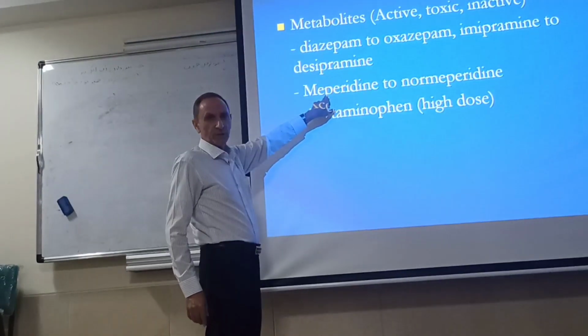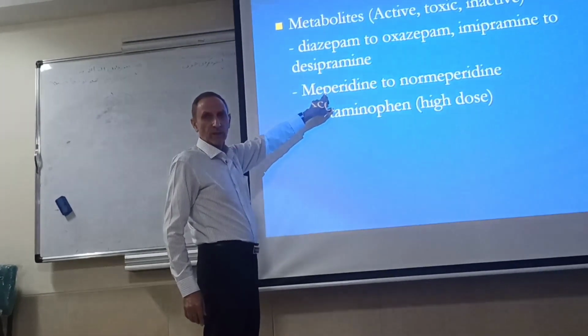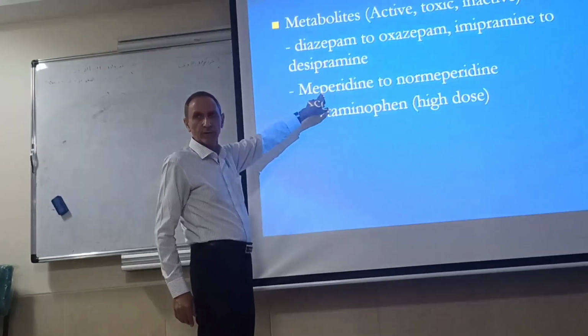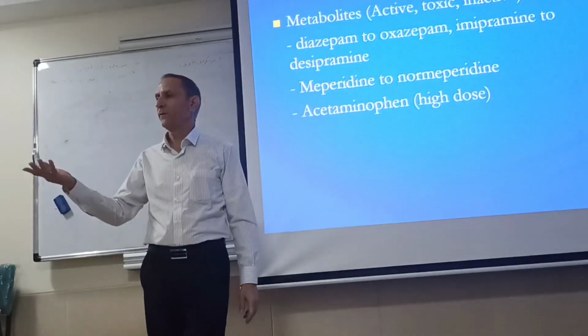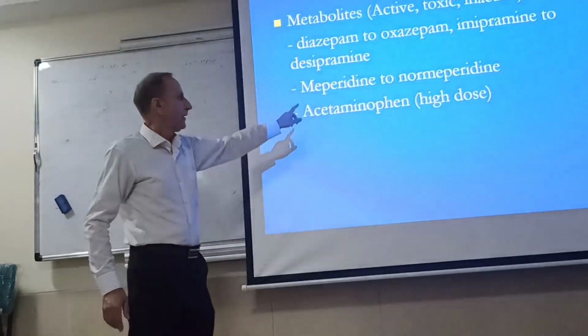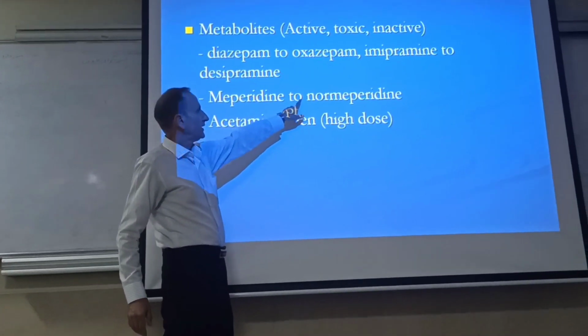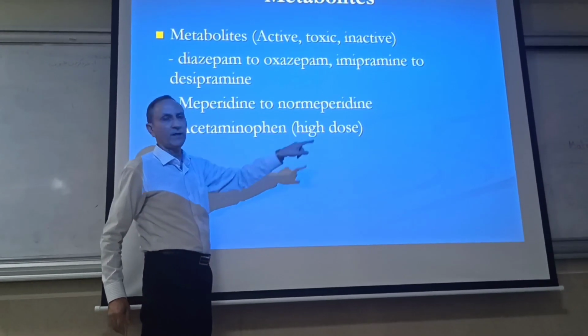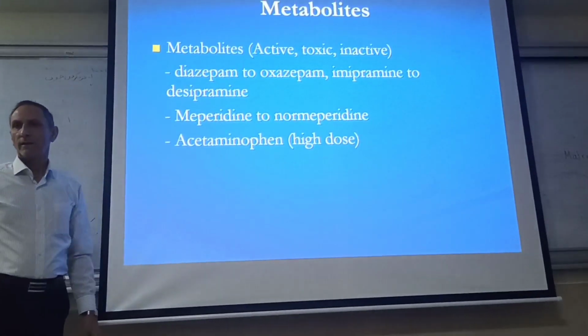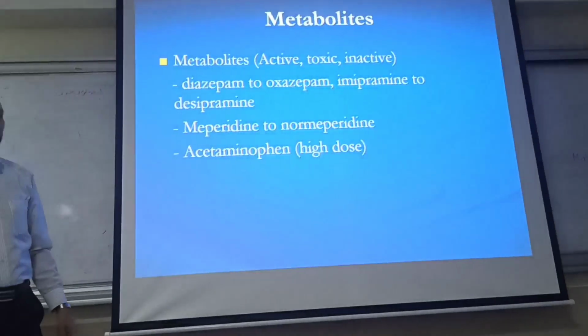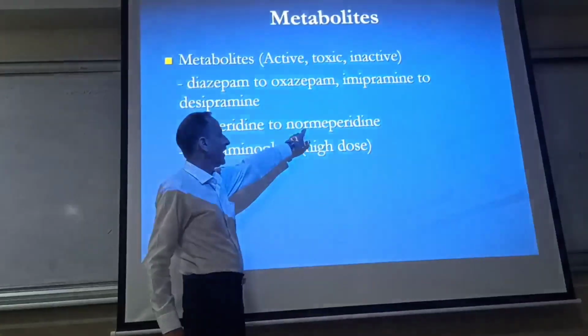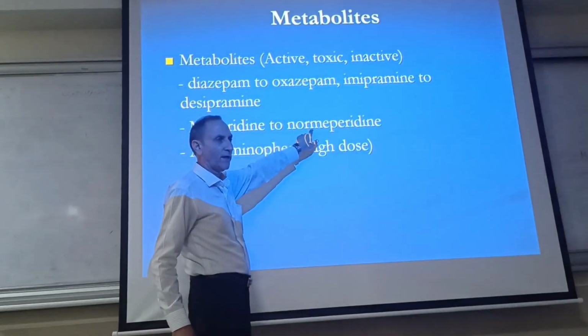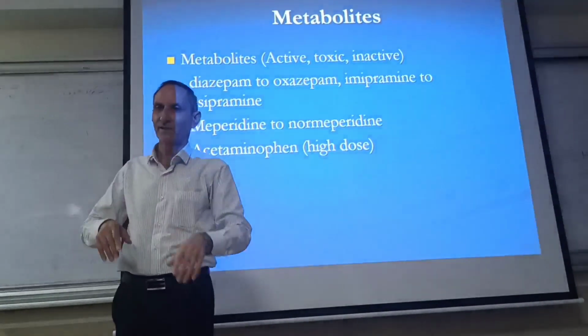This is an opioid, an analgesic drug from morphine family. This drug is converted to norepinephrine by liver. And if we have a high concentration of this metabolite, then we have convulsion.